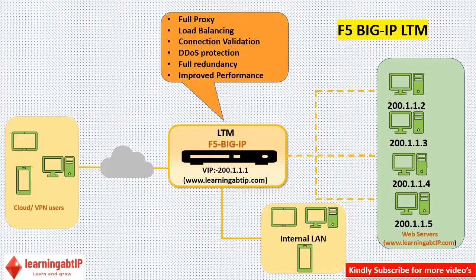Guys, there is no scope for bad guys to send TCP half connections, meaning a bad guy sends SYN messages, the server responds with SYN-ACK, but when the final acknowledgement is required, the bad guy never responds, resulting in TCP half connections, which may lead to slowness in responding to genuine connections and may lead to various attacks, most commonly known as DDoS attack. Half-open connections are now discarded by LTM and only a validated connection will be forwarded to the servers.